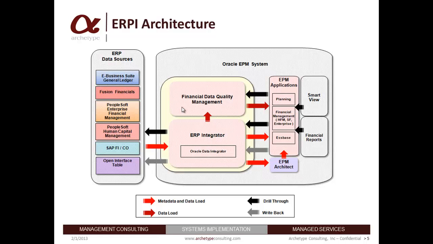But underneath all of that, it's using ERPI, which is using ODI for all the connections. So I guess what I'm trying to say is if you use FDM with ERPI, you do a lot of initial development in ERPI, but after that, you should be able to just leave everything as is and do all of your management in FDM.